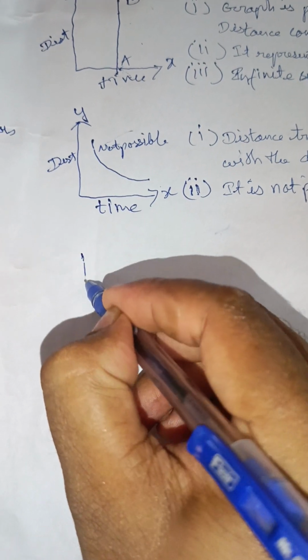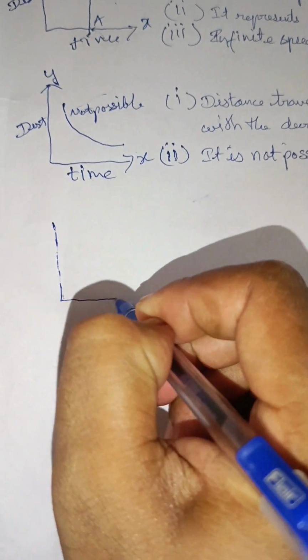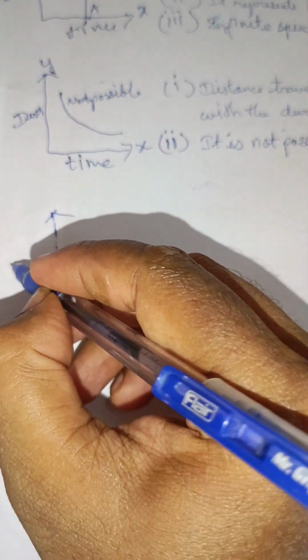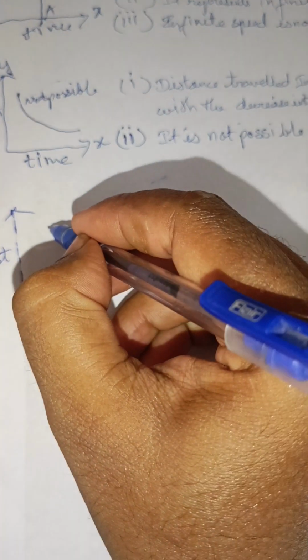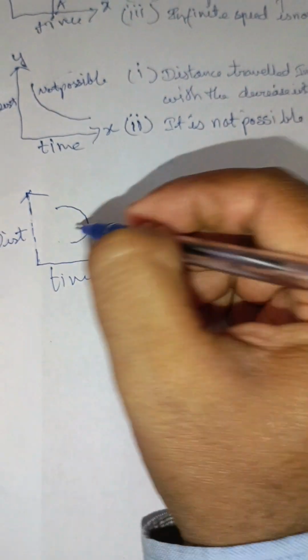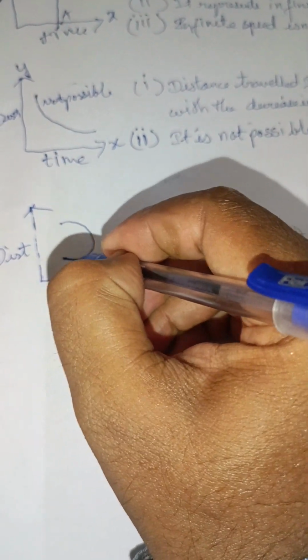And the last graph which I am going to discuss now, with respect to the distance and time graph, is this; this is the structure of the graph. So what can you understand from the graph?